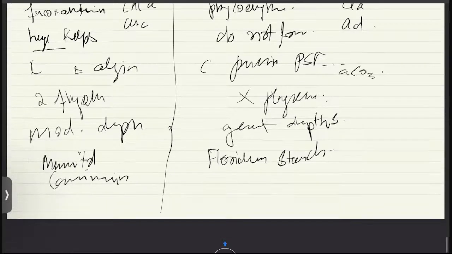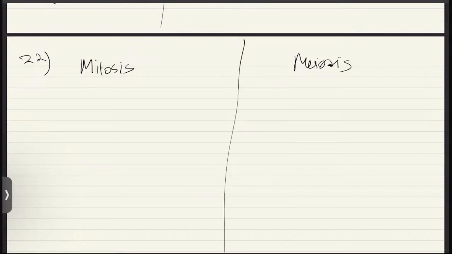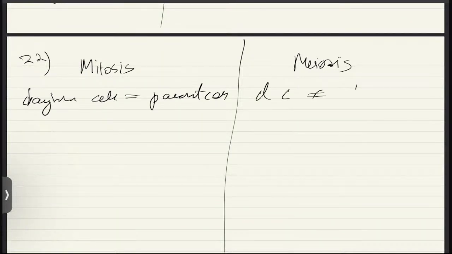Let's move to question number 21. Again, how is the study of plant anatomy useful for us? I'll skip this question. Question 22 says difference between mitosis and meiosis. In mitosis the daughter cell is equal to the parent cell, an exact copy. In meiosis the daughter cell is not equal to the parent cell. In mitosis chromosome number is equal or preserved.